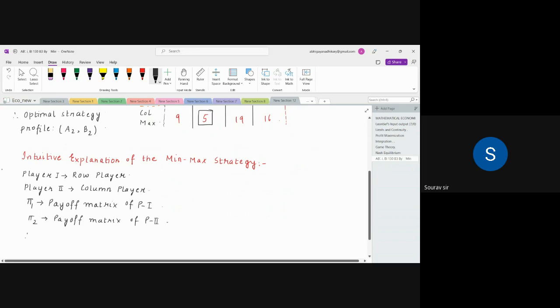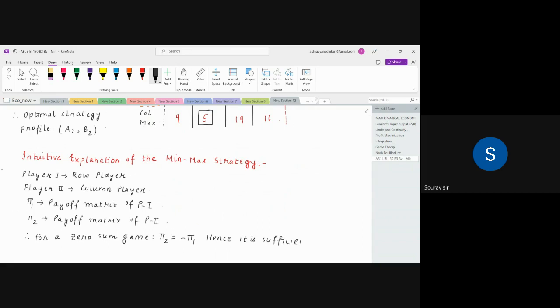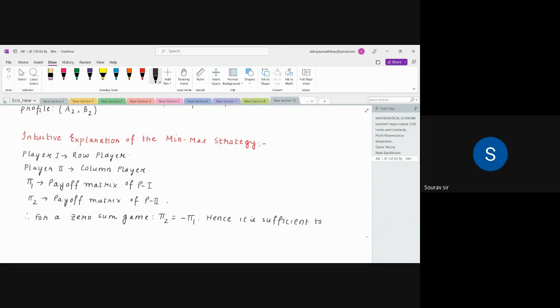And for a zero sum game, pi 2 is nothing but minus pi 1. Hence, it is sufficient to consider only pi 1.